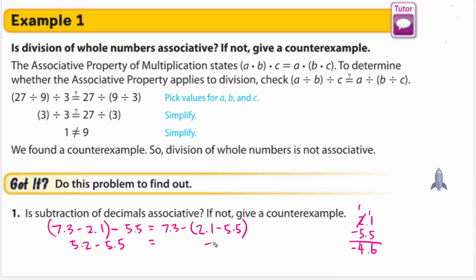Negative 4.6. 7.3 minus negative 4.6. So that means that this is a plus: 7.3 plus 4.6. 5.2 minus 5.5 is negative 0.3. 7.3 plus 4.6 is 11.9. These are not equal. So here's a counterexample.